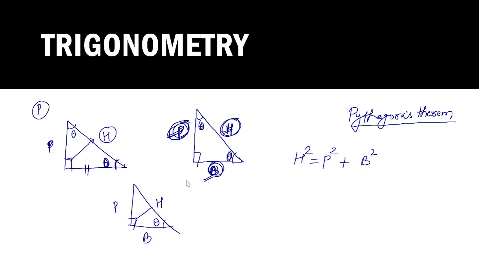In trigonometry, if we know one side and one angle, we are able to calculate the other two sides, right? For example, this is the right angle triangle, this is 90, so this is hypotenuse when we consider this angle. If we know the hypotenuse and this angle, we are able to calculate this side and this side, that means perpendicular and base.